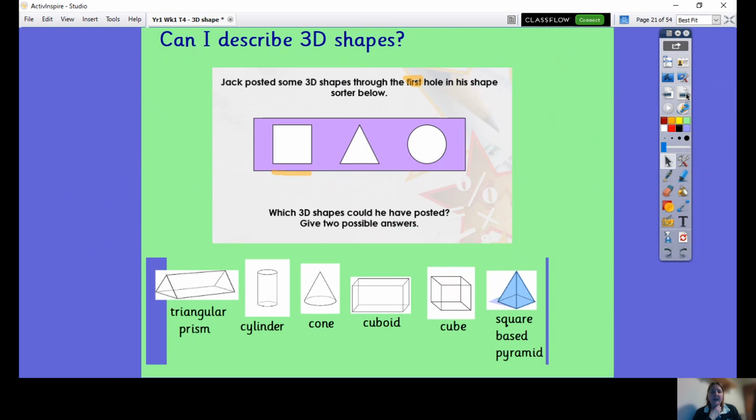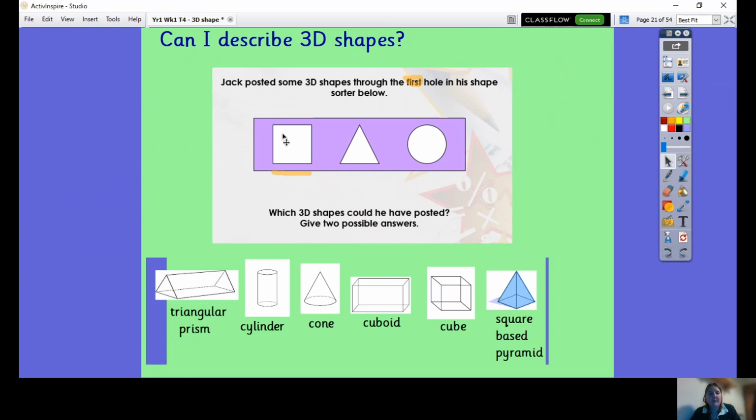So thinking here then, it says here that Jack has posted some 3D shapes through the first hole. So he's posted a shape, this is his shape sorter below, okay? So which shape do you think would fit through there? So what shape is it?